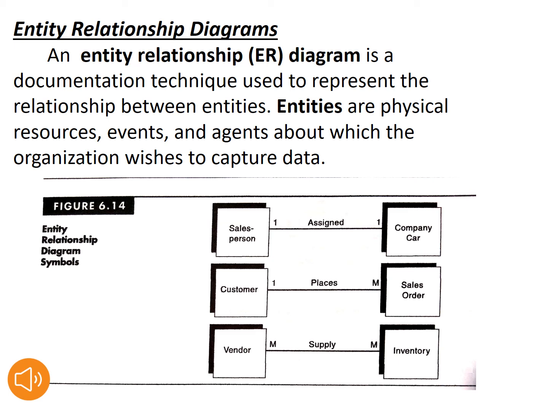Then, tingin tayo sa figure 6.14. Dito, pinapakita yung set ng symbols na ginagamit sa ER diagram. Yung square represents the entities ng system. Yung labeled connecting line represents the nature of the relationship between two entities.